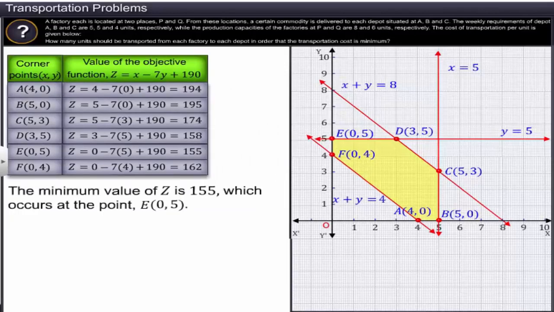The minimum value of the objective function is 155, which occurs at E (0, 5). The values of x and y are 0 and 5 respectively.